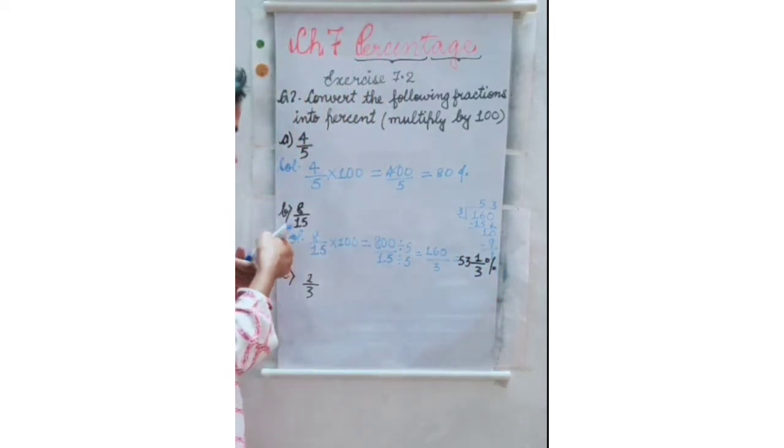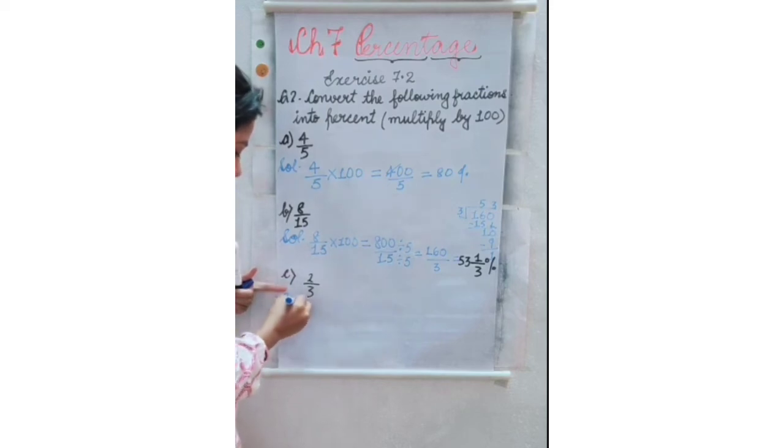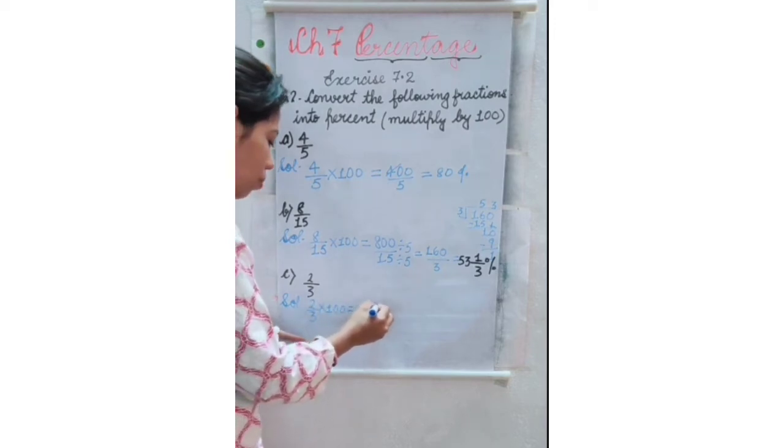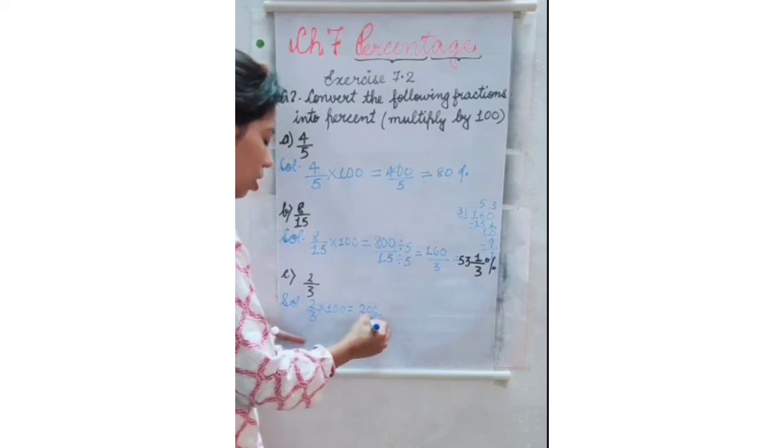Part C is 2 by 3. We will multiply this 2 by 3 by 100. It will be 200 by 3.